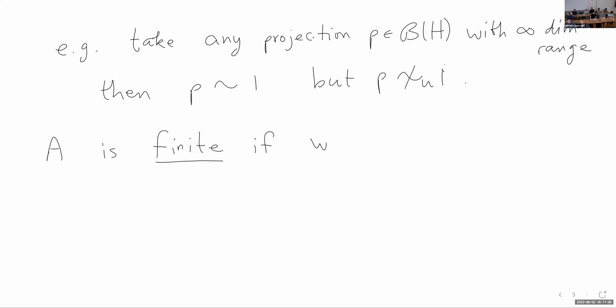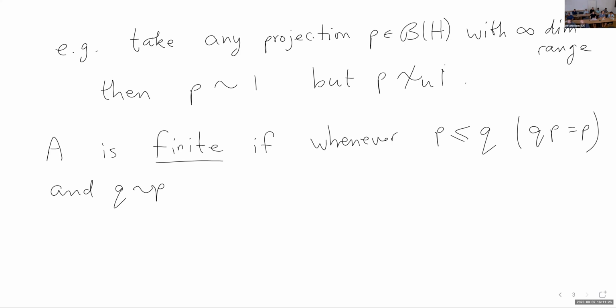So whenever P is a subprojection of Q, meaning, for example, that QP is P, and Q is equivalent to P, we must have P in fact equal to Q. And it's stably finite if not just A is finite, but any matrix algebra over A is finite.